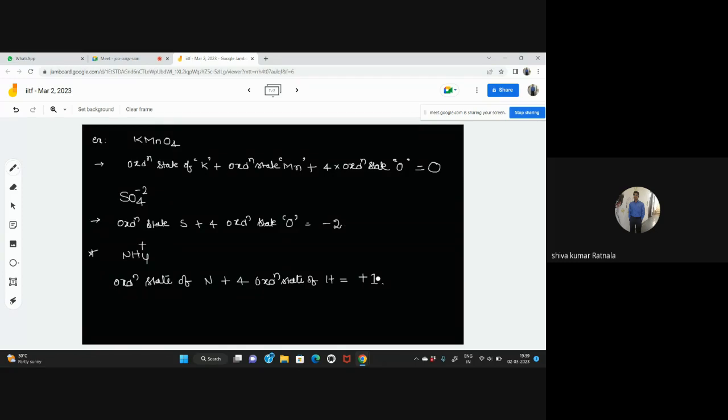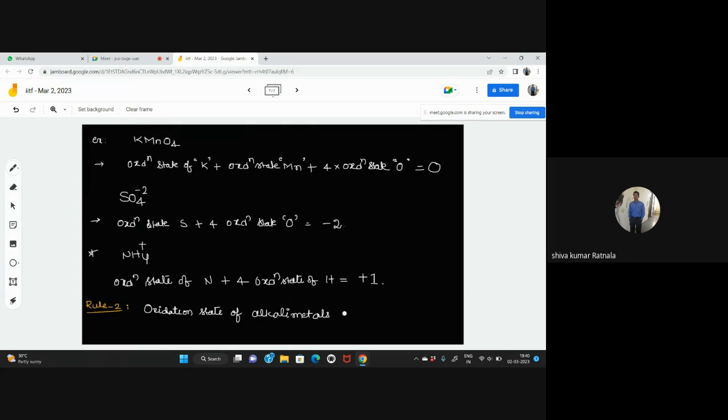Now students, next one, rule number 2: the oxidation state of alkali metals.